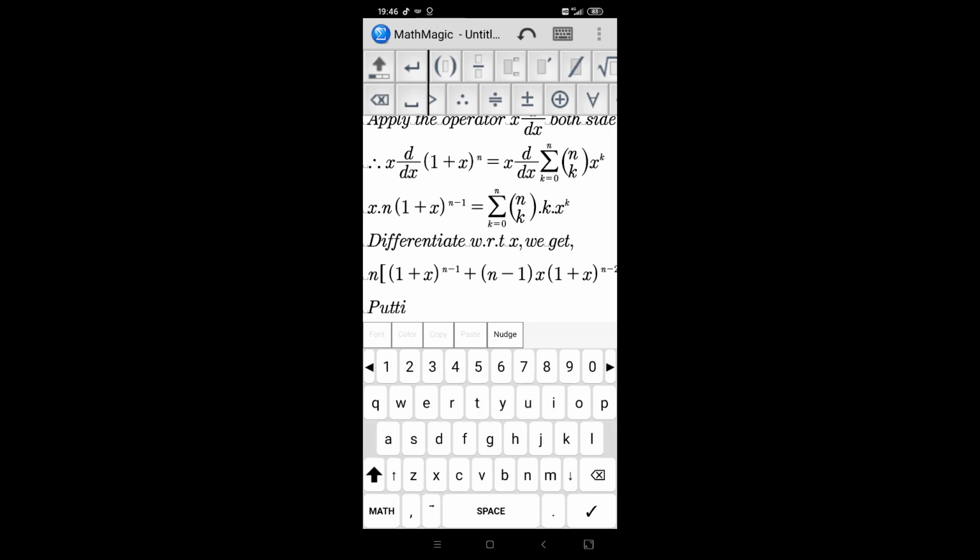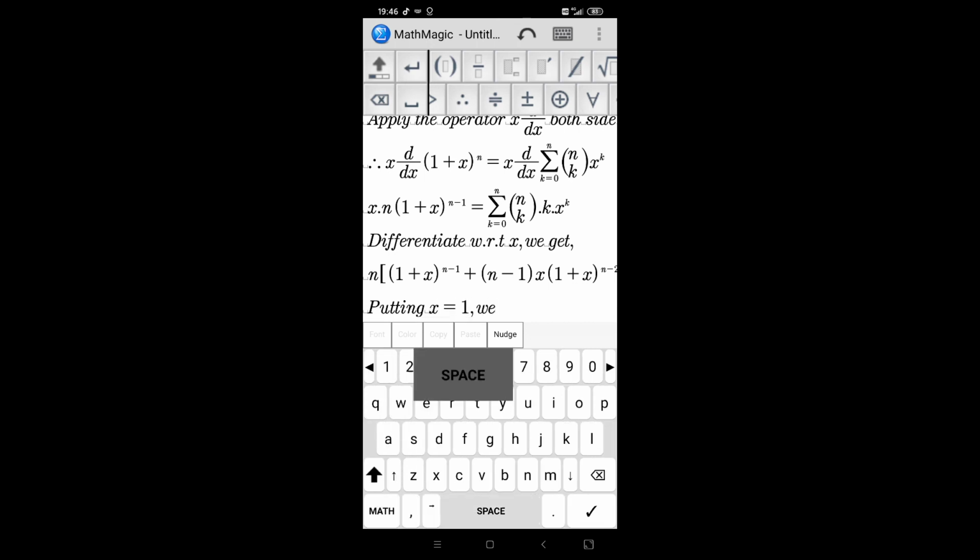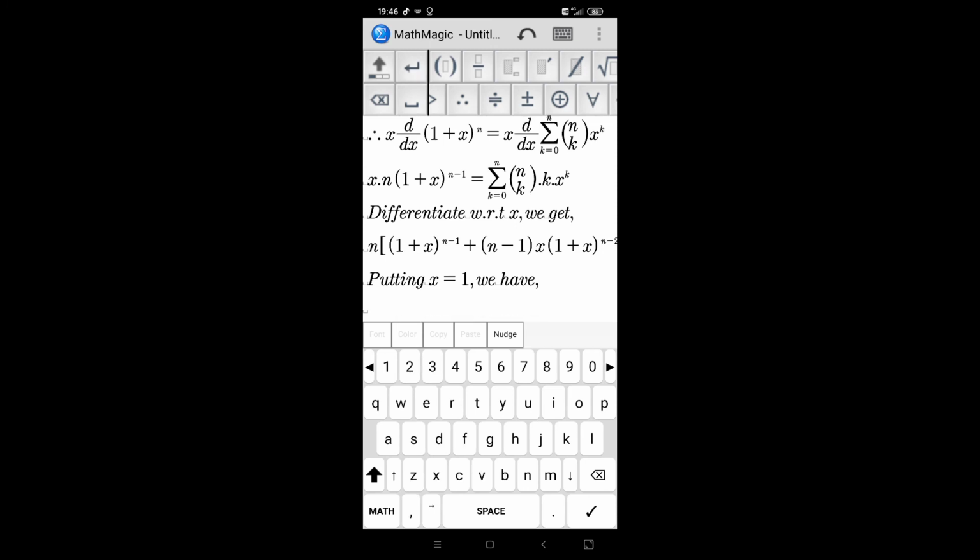Now, since we are putting x equal to 1, we will get our required answer.